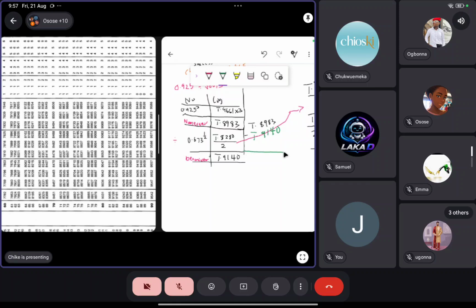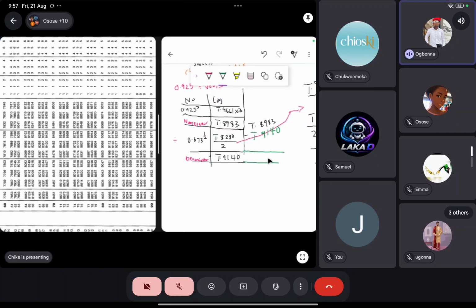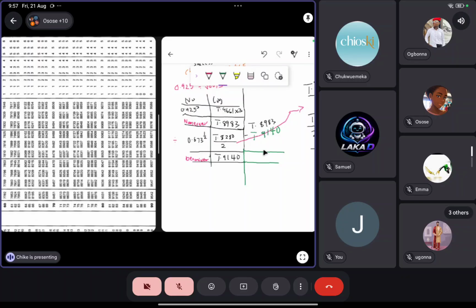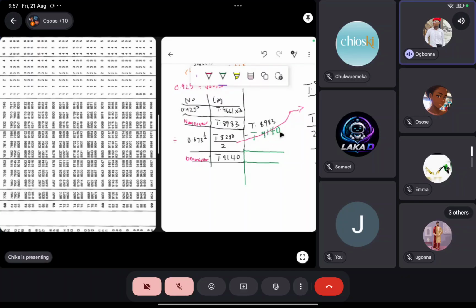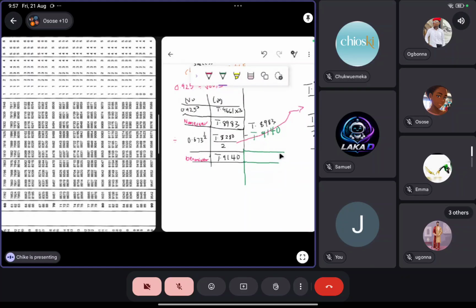So let's do it. When we do that, what does it give me? 3 minus this is 3. 8 minus 4 is 4. 9 minus 1 is 8.